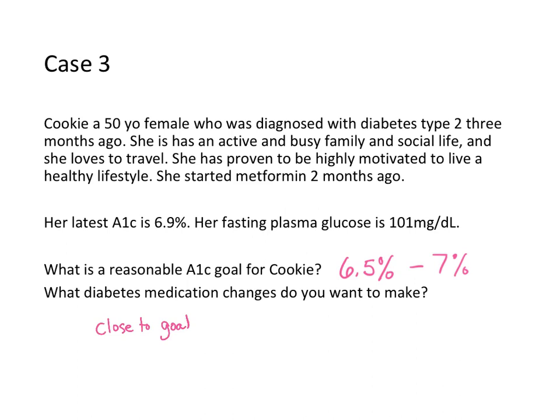Now, we've only started her 2 months ago, and we have an A1C of 6.9. It would be worth testing her A1C again, maybe in a couple of months, to see how that Metformin is doing overall, because we really don't have a picture of A1C until we get about 3 months out, right? So in this case, I wouldn't make any changes to Cookie's regimen either. It looks like with her diet and the Metformin, she's going to be just fine.